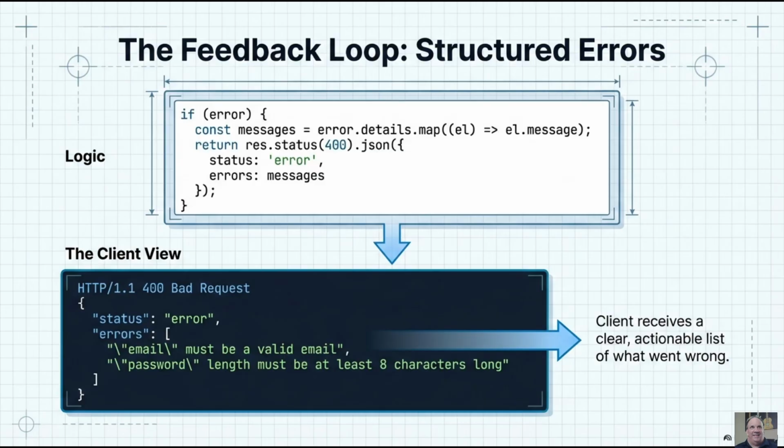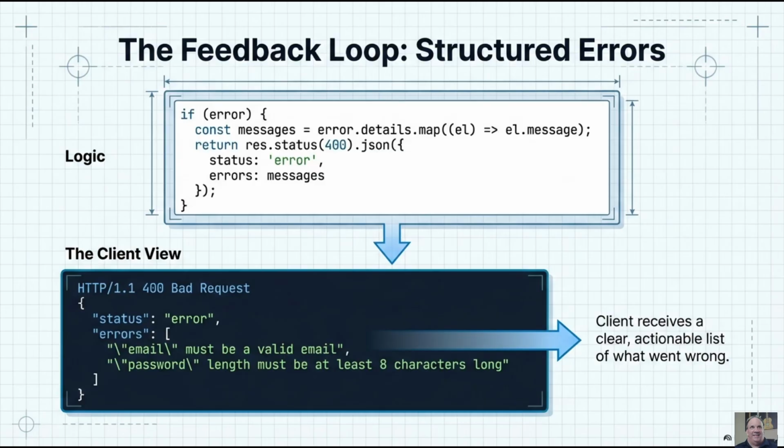So in our error handling code here, we take the error details from Joi, which contains an object for each validation failure, and we map over it to extract just the human readable message. Then we send the 400 response with a JSON body that has a status, a type identifier, an array of error details.